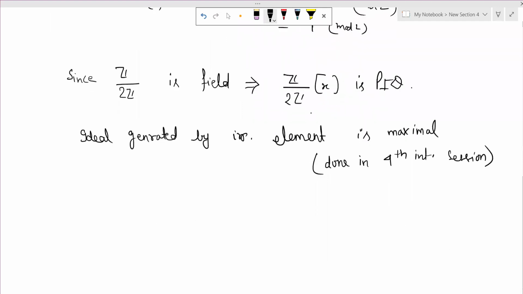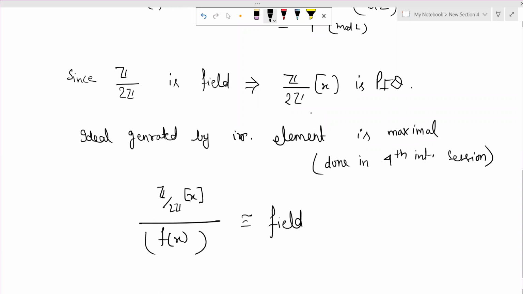So now see this field, (Z mod 2Z)[x] modulo f(x). Muthukumar, tell me, what is the size of this field? Will this be a field? Yes, this is a field, because the ideal generated by this is a maximal ideal.